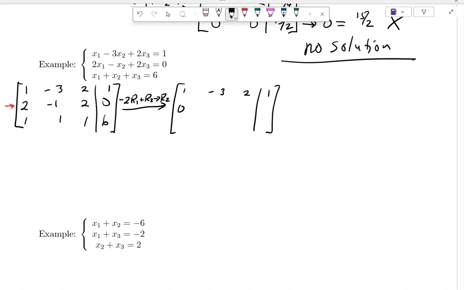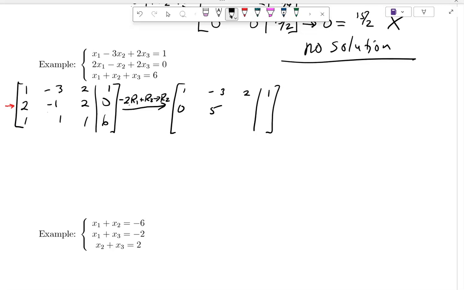What's the second entry going to be? Five, good, because it's -2 times the -3, which is +6 plus a -1, right? So that'll be a 5.